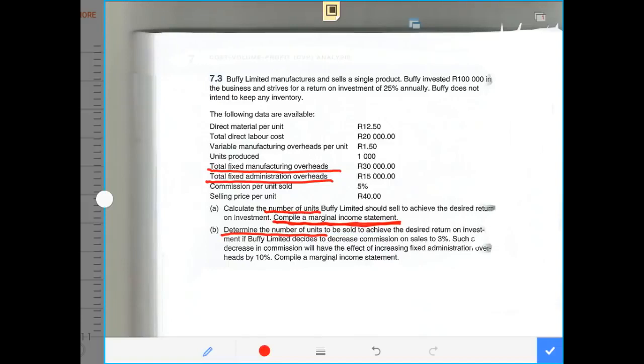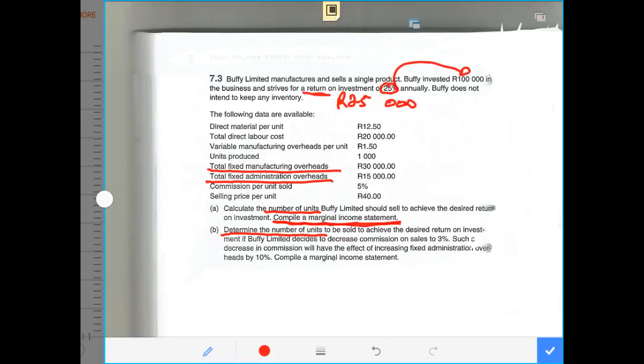It will normally be the break-even point, where you say fixed cost divided by the contribution per unit. Then we also always have to take into account the desired return on the investment, which is 25,000, which came from 25% of the amount that was invested.